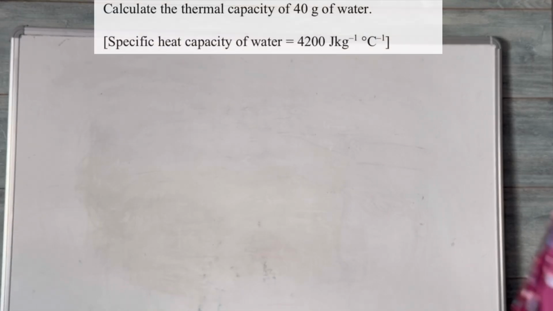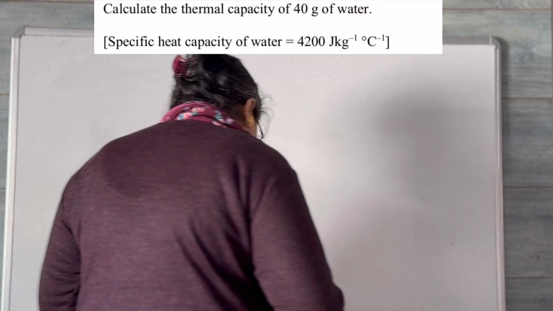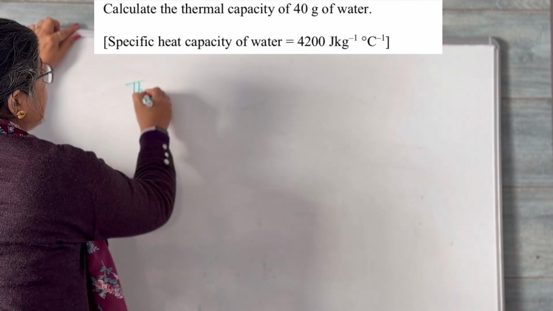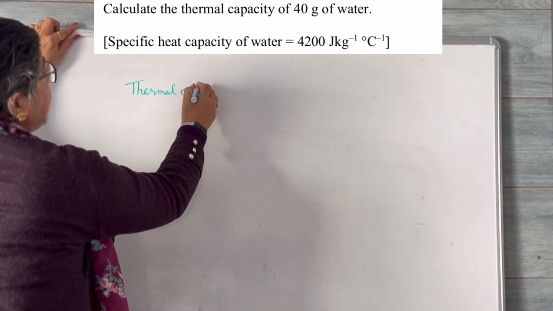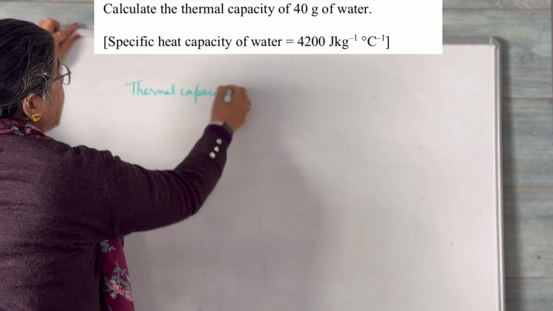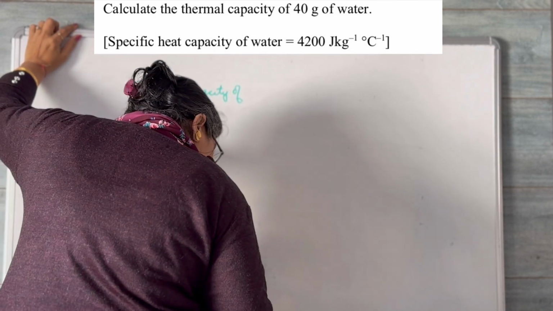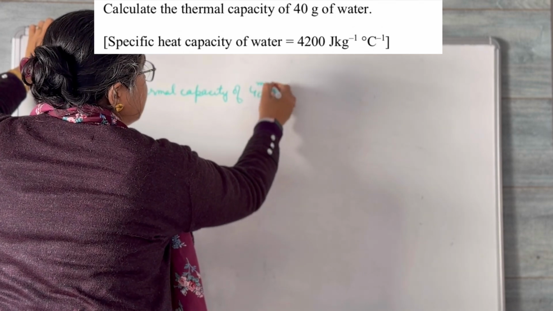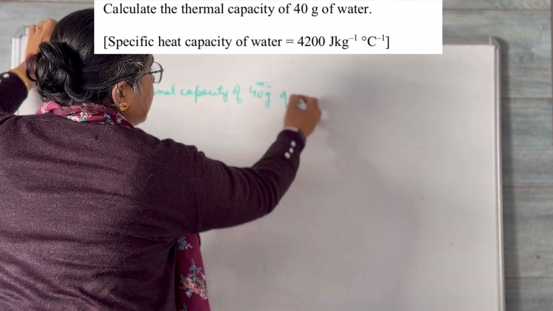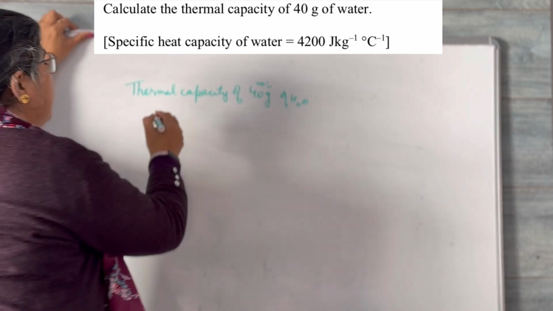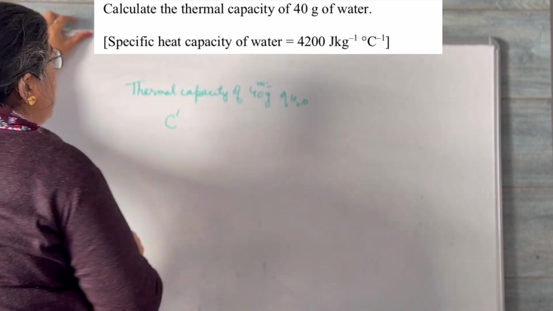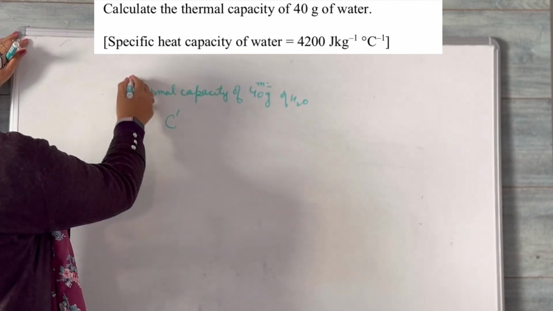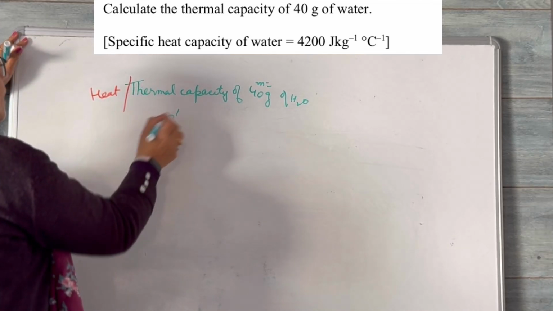Next, again, a very simple question from March 2021. He says, calculate thermal capacity of 40 grams of water. How will you find thermal capacity? Thermal capacity is also called heat capacity.